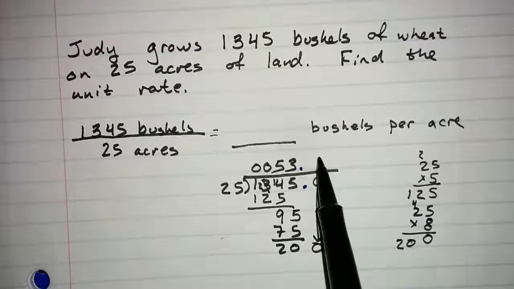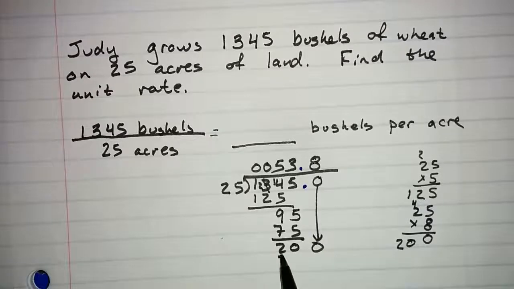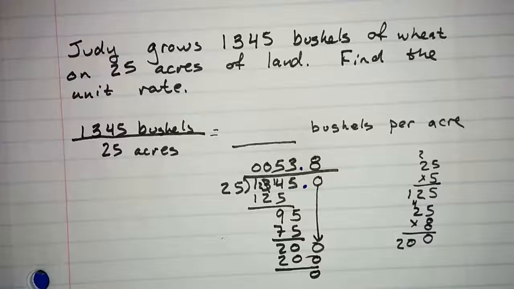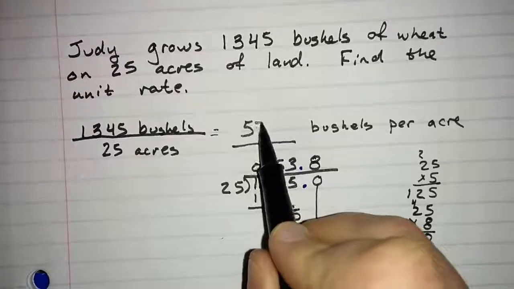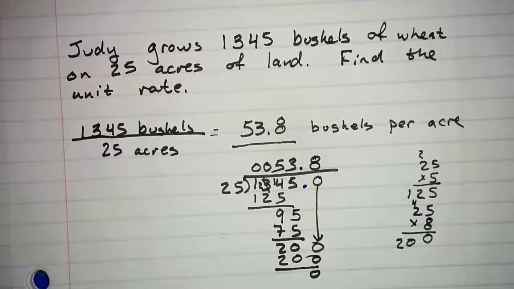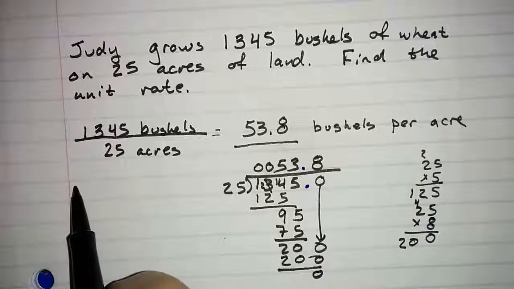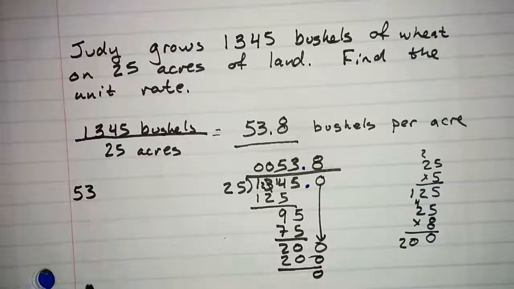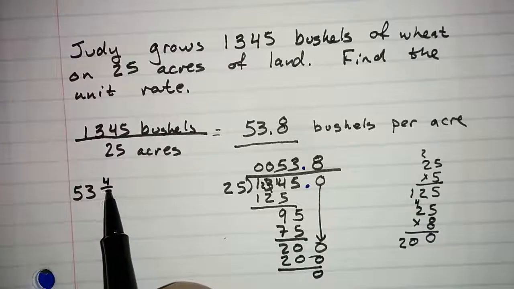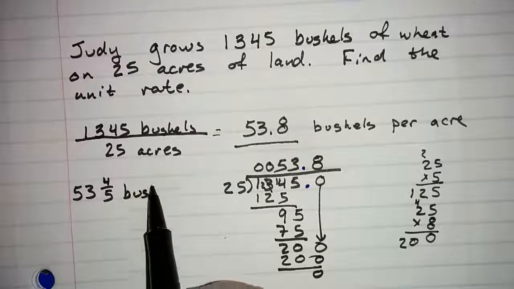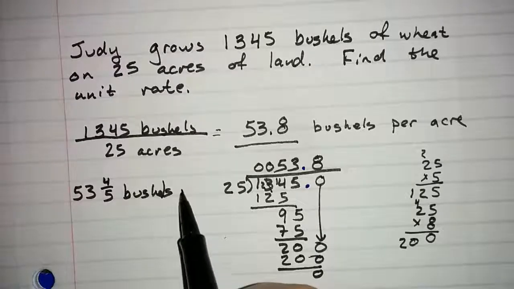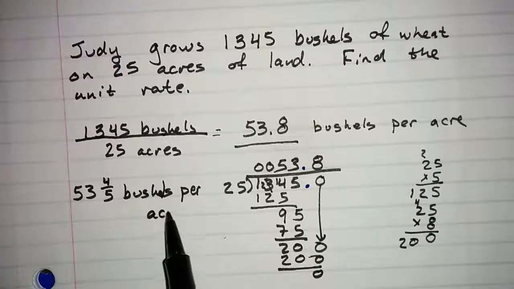Yeah, exactly 8. So nothing left. I've got 53.8 bushels per acre. If you chose to answer as a fraction, you should have gotten 53 4/5 bushels per acre.